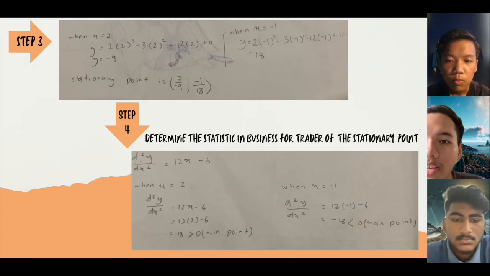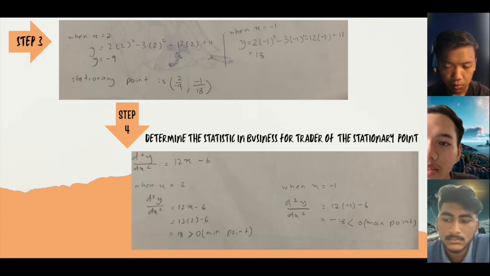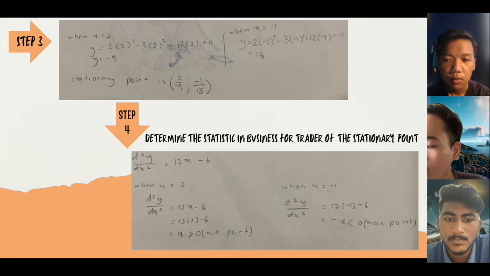Next, when x equal to negative 1, the same method we use as for x equal to 2: 12 in bracket negative 1 minus 6. The answer we get is negative 18. So here we have to determine the min point and max point. So the min point is 18, more than 0, and the max point is negative 18, less than 0.